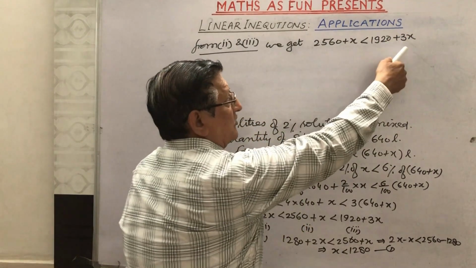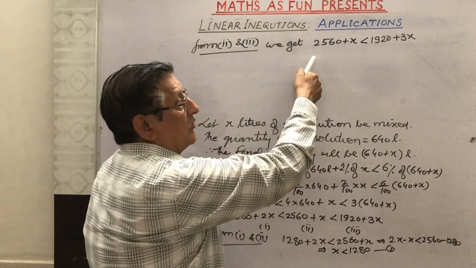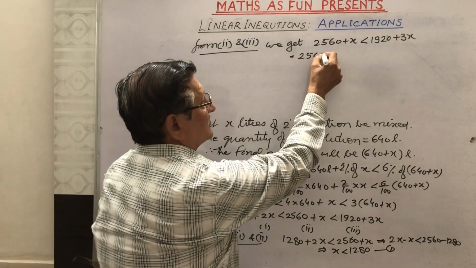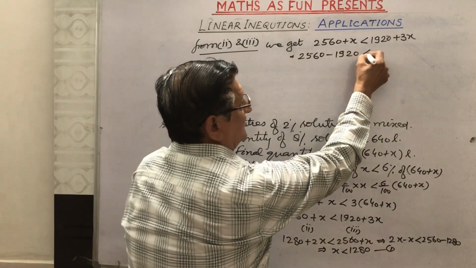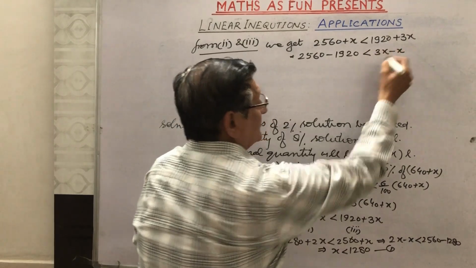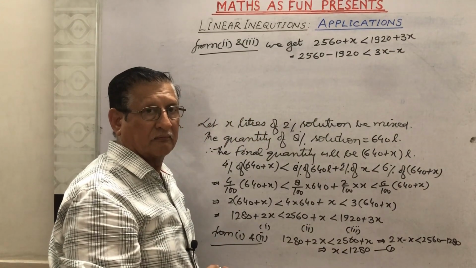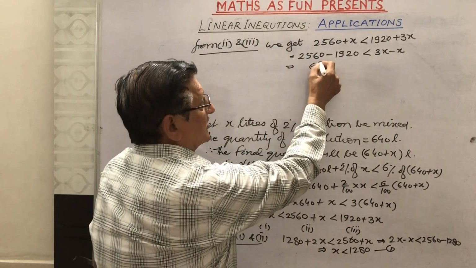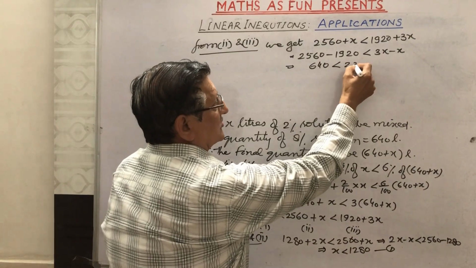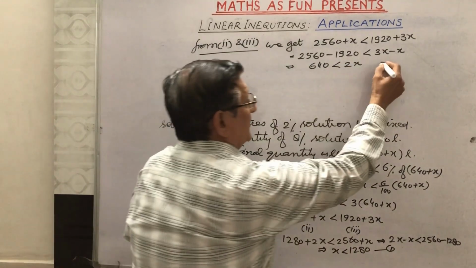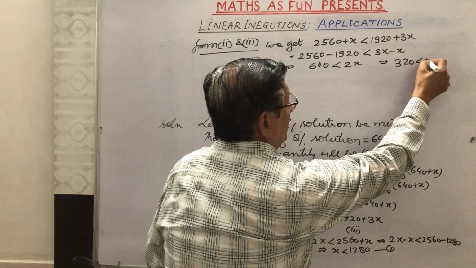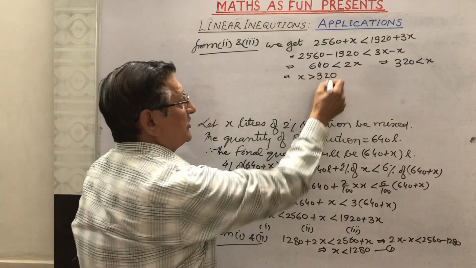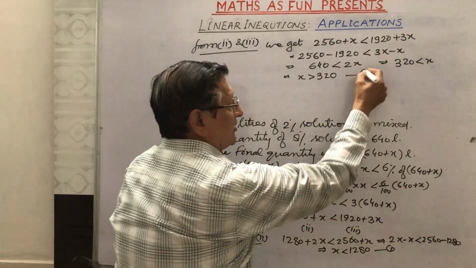If we subtract x from both sides and also 1920 from both sides, we are getting 2560 minus 1920 is less than 3x minus x, which gives us 640 is less than 2x. If we divide by 2, we are getting 320 is less than x, or we can say x is greater than 320. This is the second answer we are getting.